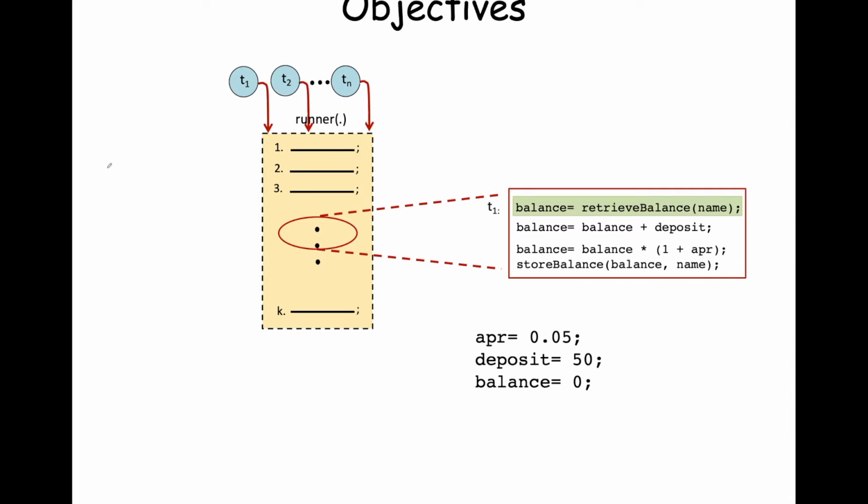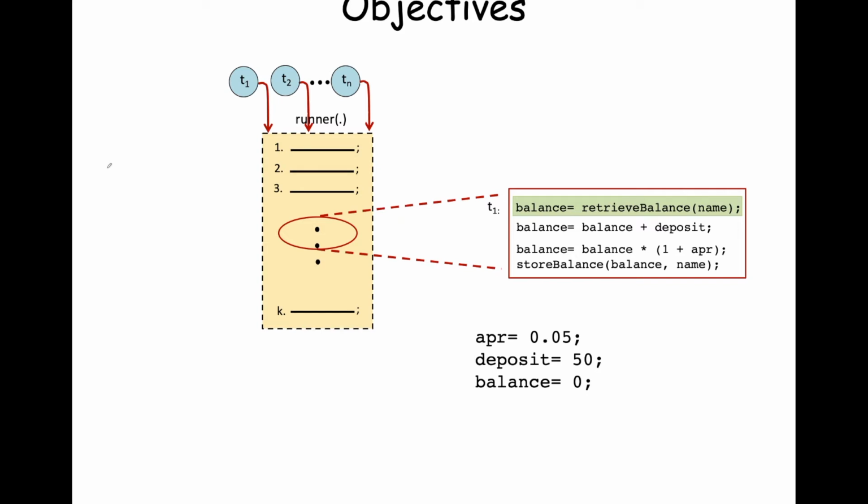So let's say thread 1 comes in, executing the instruction stream, and encounters this code snippet within this block. First thing, we have the balance set to 0. And let's say, for the sake of consideration, the APR is 5%. You can't get that with bank accounts these days, but this is just an example. And the deposit is in the amount of $50.